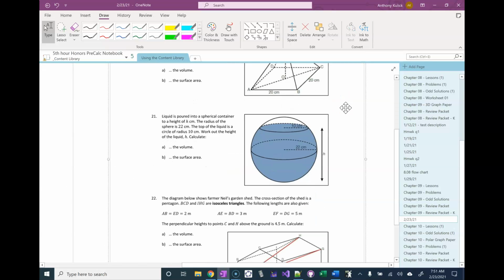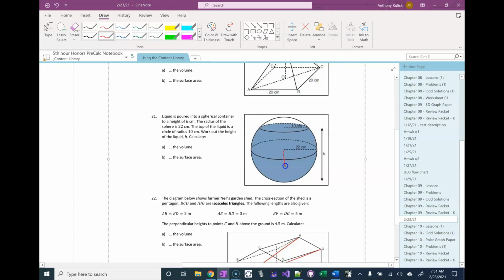Okay, so 21 says liquid has been poured into a spherical container to a height of h centimeters. The radius of the sphere is 22. The top of the liquid is a circle of 10. Work out the height of the liquid h to calculate the volume and then the surface area.